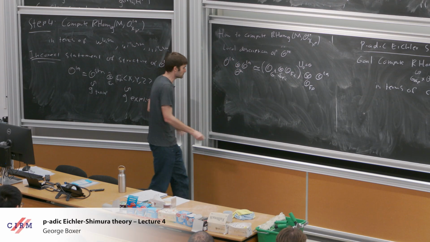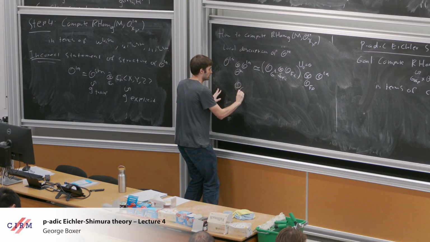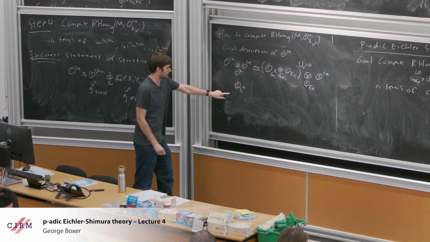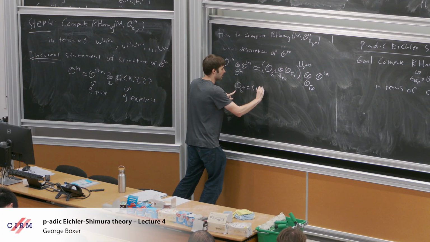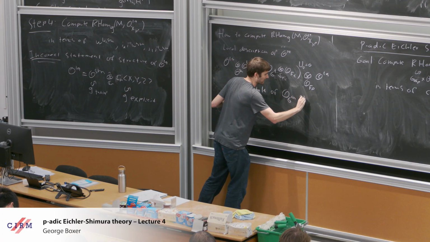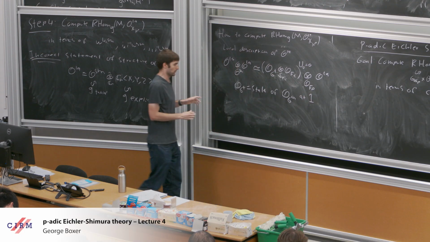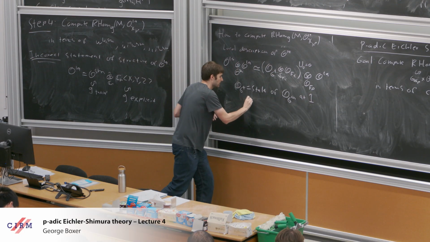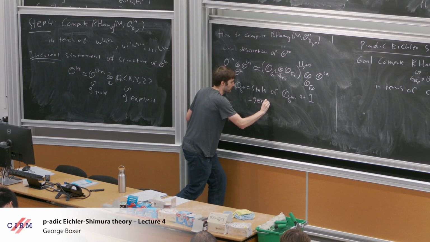So OG dagger is the stalk of OG an at the identity, which is concretely just germs of analytic functions in 4 variables.